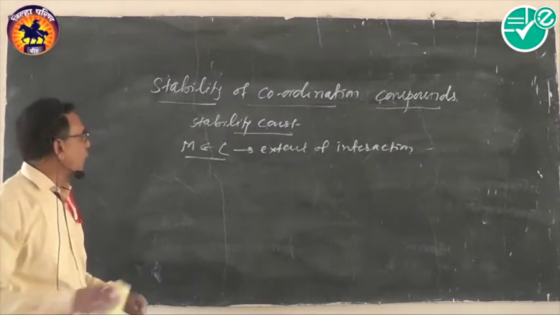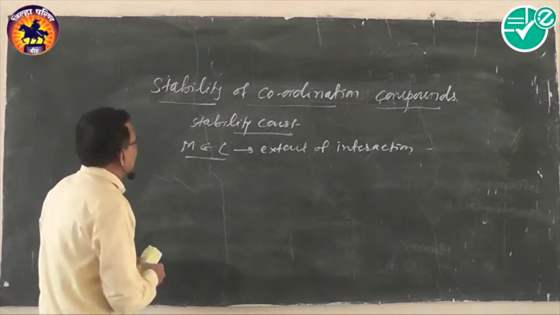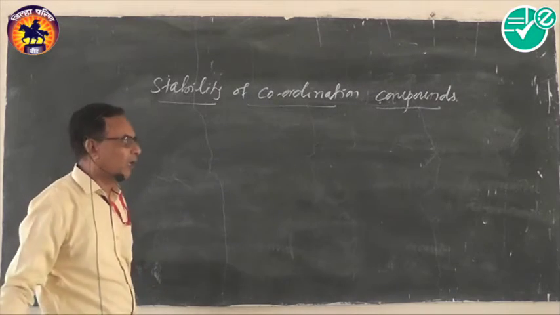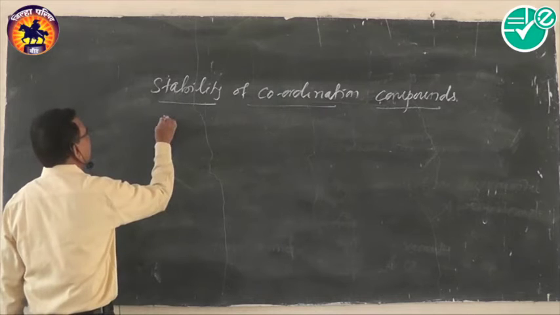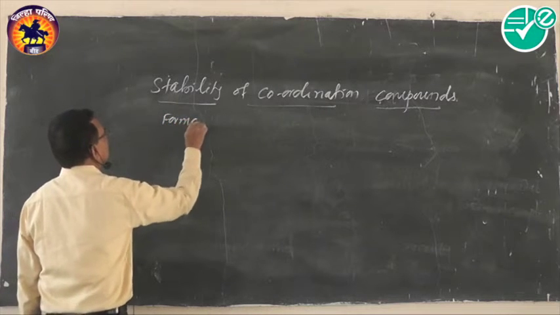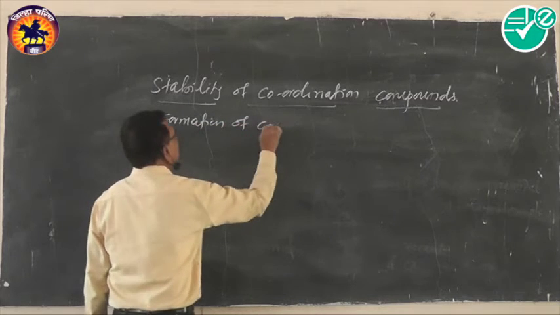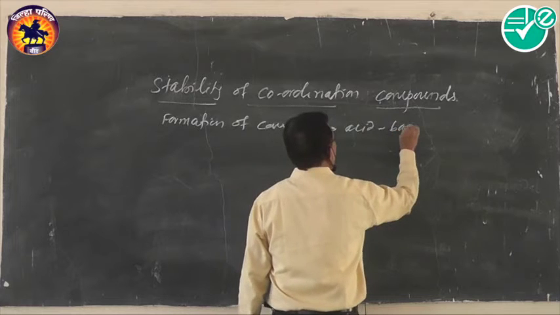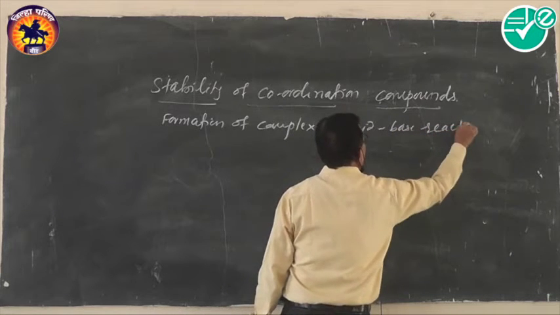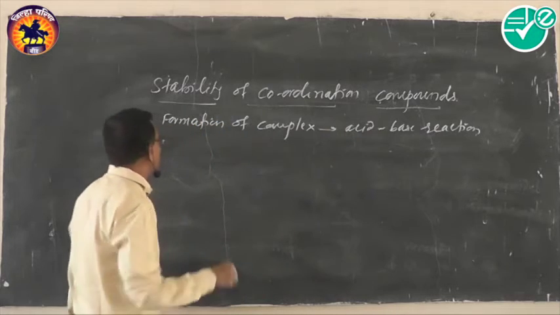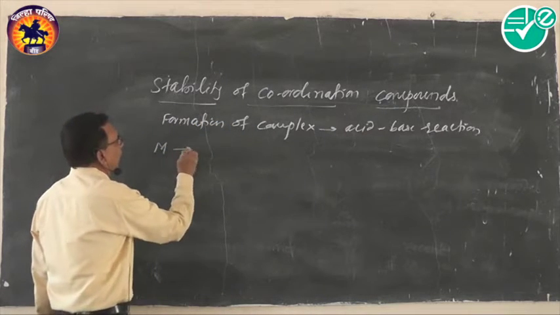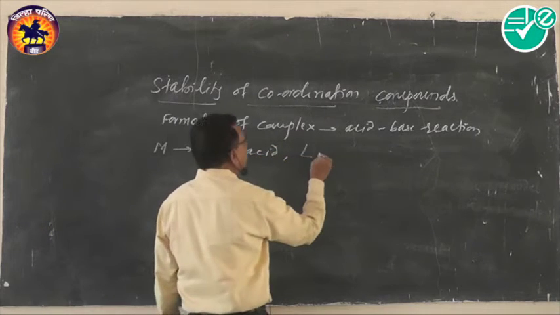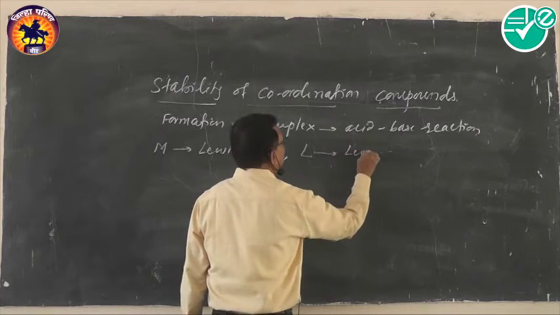Actually, the formation of a complex is considered as a simple acid-base reaction, because in this case the central metal ion accepts electrons, hence it is a Lewis acid, and the ligands donate electrons, hence they are Lewis bases.